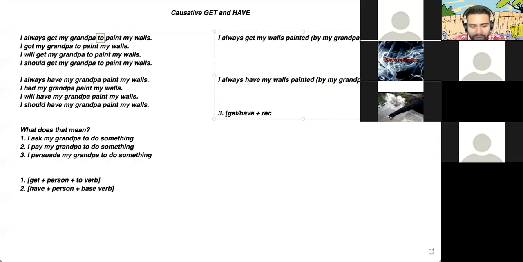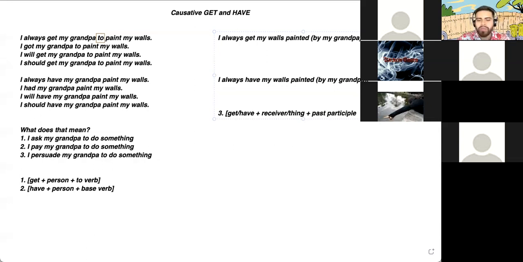The receiver, or we call it just the thing. And what goes after the receiver or the thing? The verb in what? Past participle. Yes.